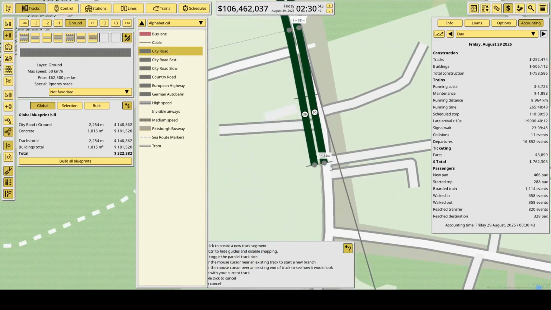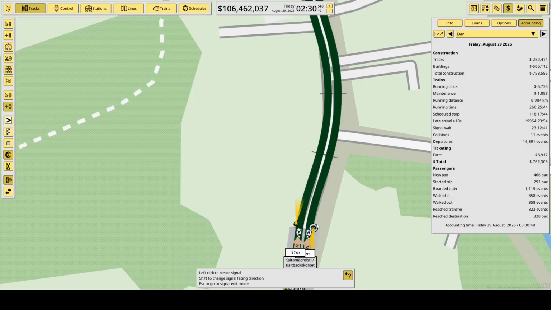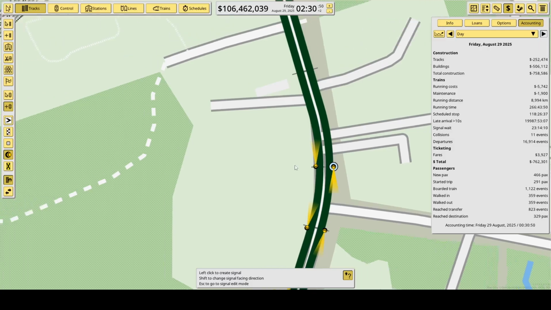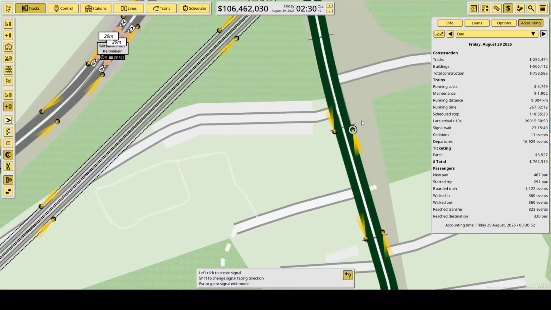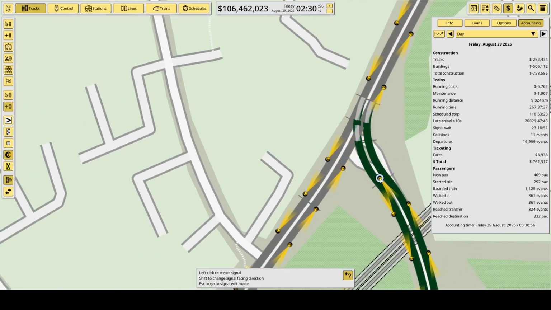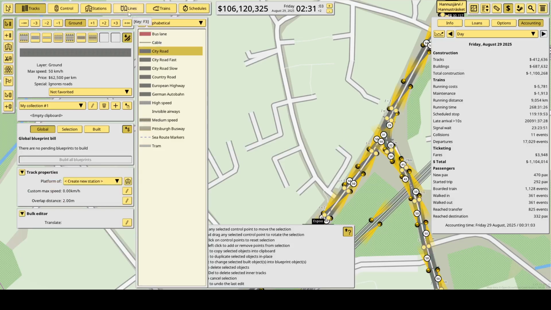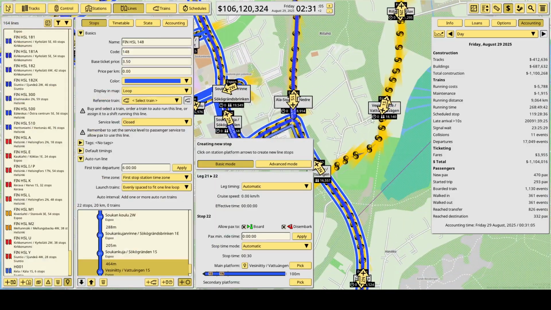So I once again connected this road with the existing road. And well, then let's see. We're almost there. Let's build the tracks and then let's see how we'll end this line, because that's equally interesting actually.